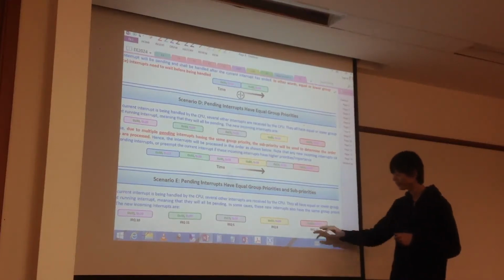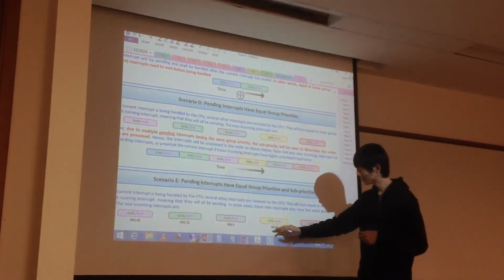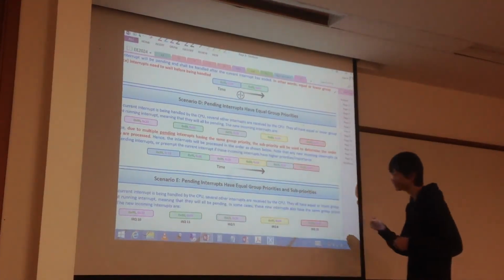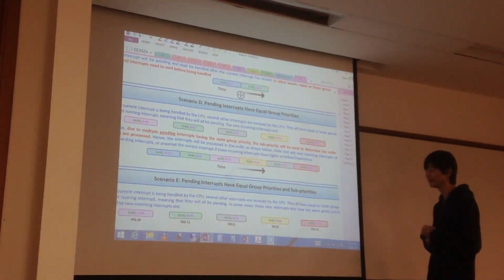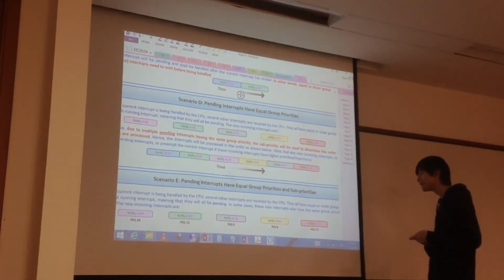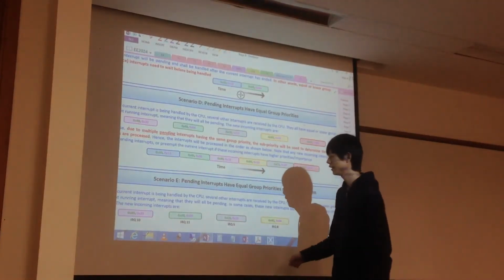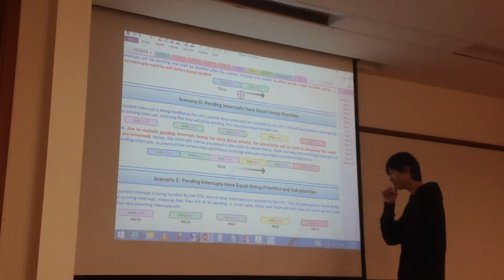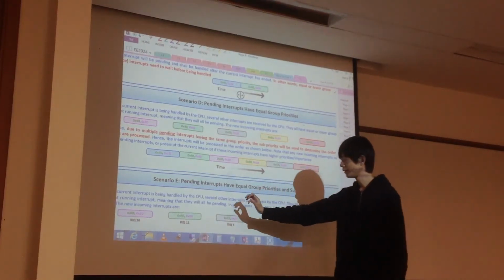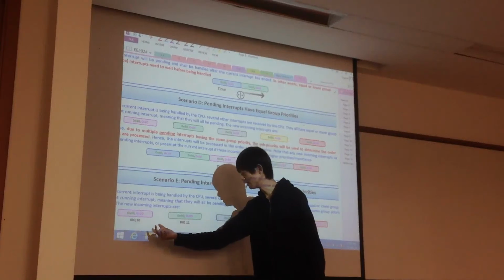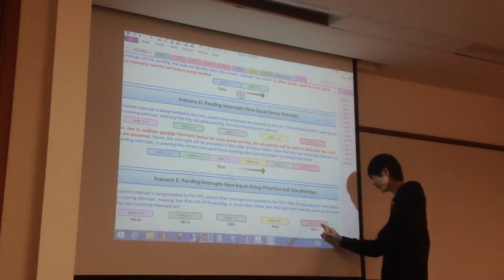What else? 40, 40, 0. Same group priority, same sub-priority. Well, in this case, once again, what do you think? Which one do you think will happen first? Let me check the example.